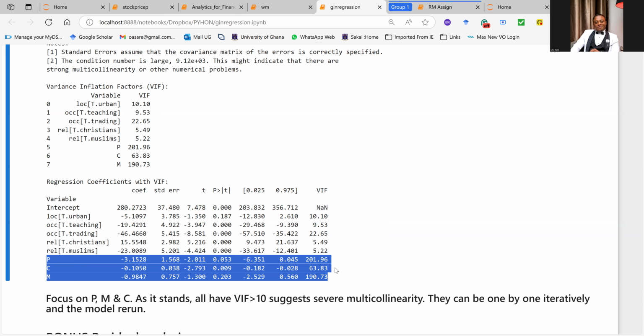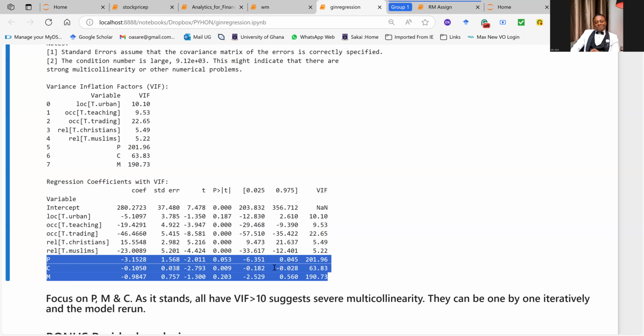How do you handle it? Normally, the best thing to do is to remove each one of them one by one and rerun the model. So first you remove the price, run the model again, and see the VIF or the coefficients of the results.